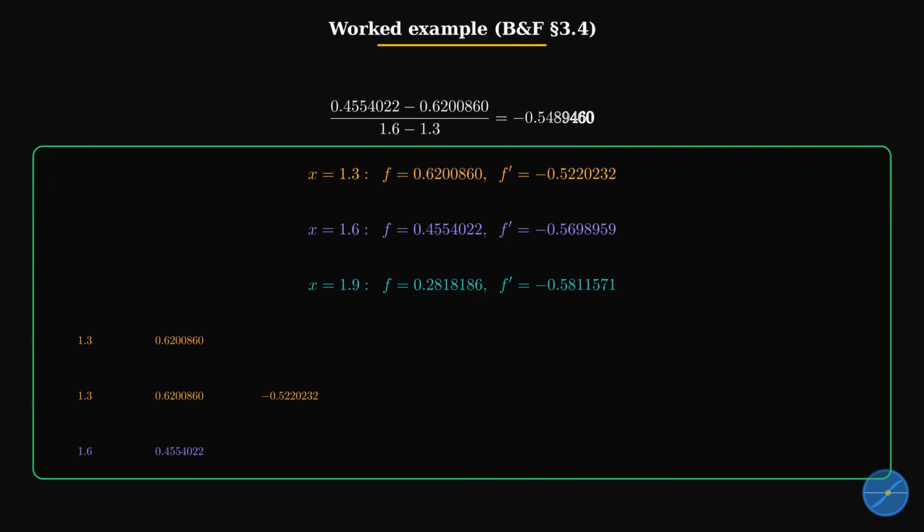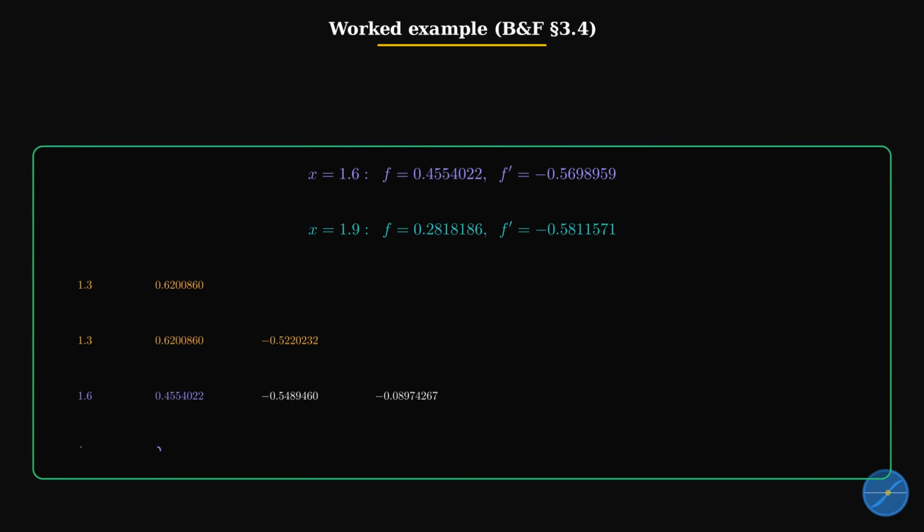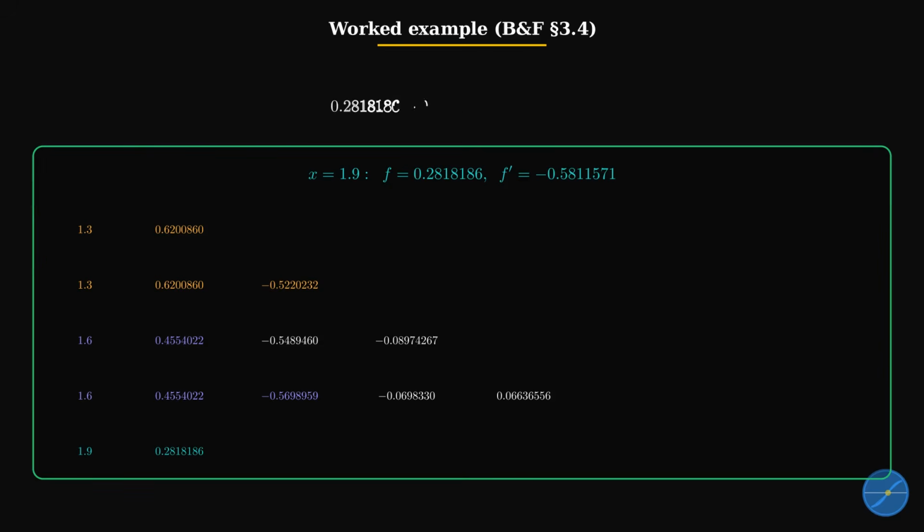The ordinary difference here is minus 0.5489460, and the difference of the differences, minus 0.08974267. 1.6 again, its slope drops in, minus 0.5698959. Carry the columns across: minus 0.069830, then 0.066365556. 1.9, value 0.2818186.